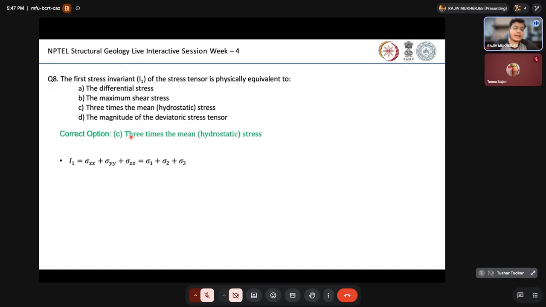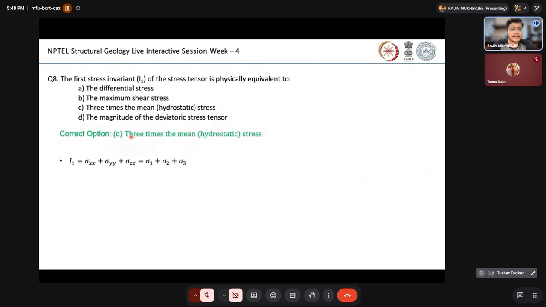Now we correspond the x-axis of the stress tensor, the coordinate axis x, to the largest length axis of the stress ellipsoid, and that is why we consider sigma xx as sigma 1.